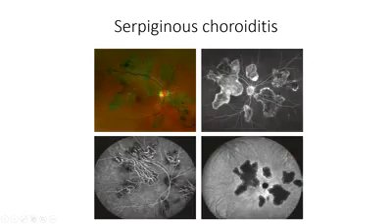So the changes reflected by the ICG are not always the changes that we see on the fluorescein. So the message from the ICG is, if you have or suspect any inflammation at the choroidal level, the best imaging modality is the ICG if it is available in your country.